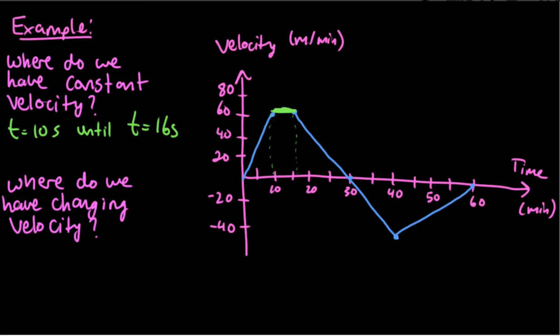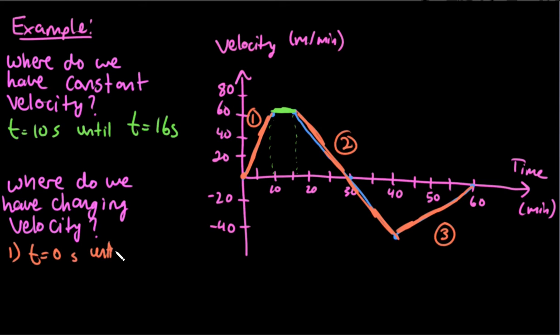Now, what about our changing velocity? Where do we have changing velocity? Well, we have a couple. We have this one right here, this section here. And then we have this one here, this long one, and then we have this other one down here. So I'm going to label the sections here. So this is section 1, and then this one here is section 2, and then this one here will be section 3. So for section 1, it starts at t is equal to 0, and it goes until, oh, I just realized that my units are all off. It should be minutes. Oh well.